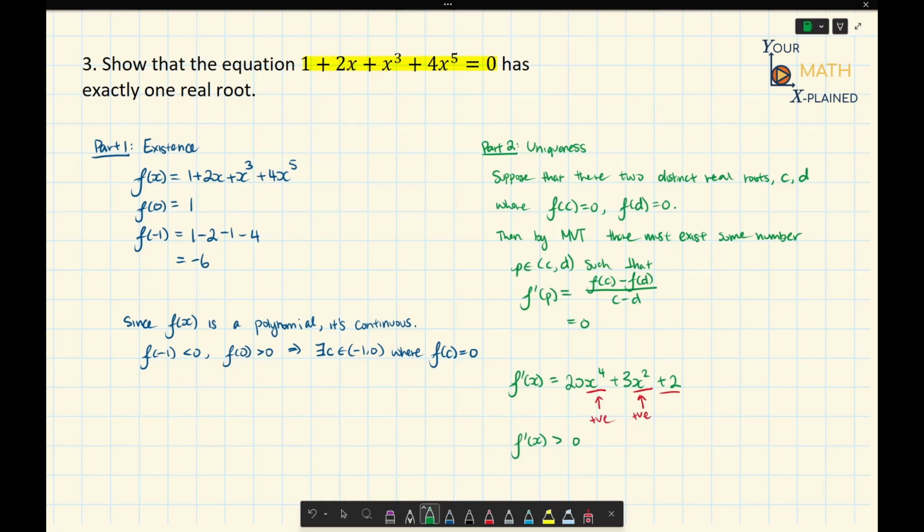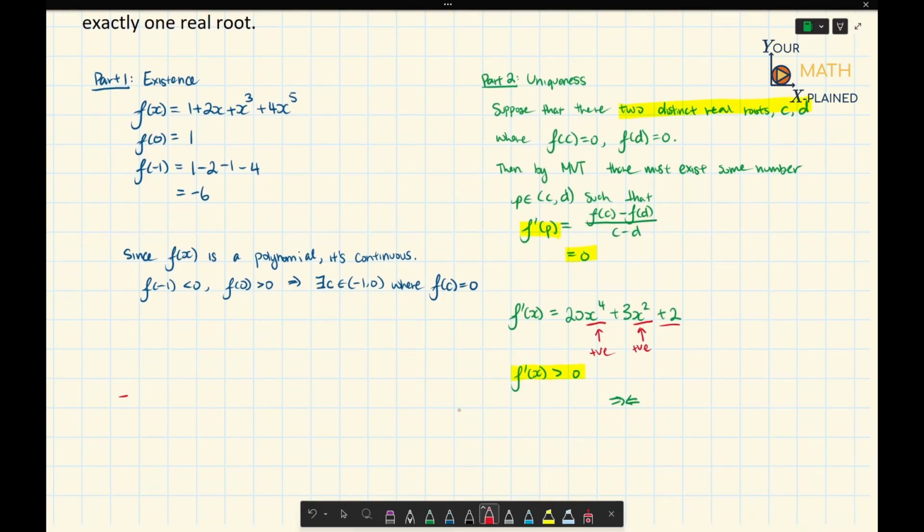And thus we have come to our contradiction, because by supposing that there are two distinct real roots c and d, we have said that there must exist a p where f prime of p is equal to 0. However, our derivative here says that f prime of x is going to be always greater than 0. And thus we have a contradiction, which means that our original assumption of there being two distinct roots must be false.